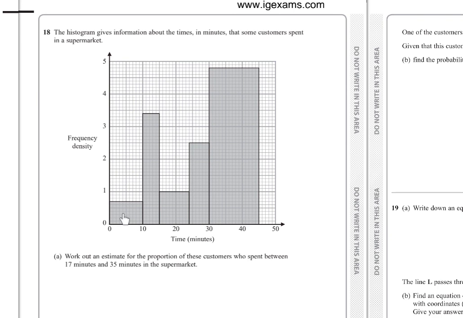For the first rectangle it is 10 times 0.7, to find the number from 0 to 10. And next, 5 times 3.4.